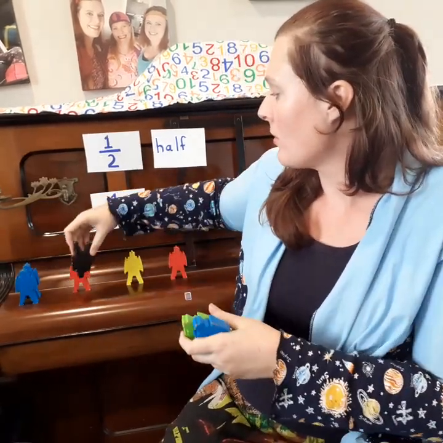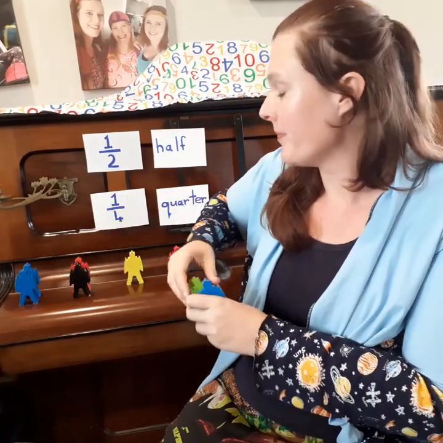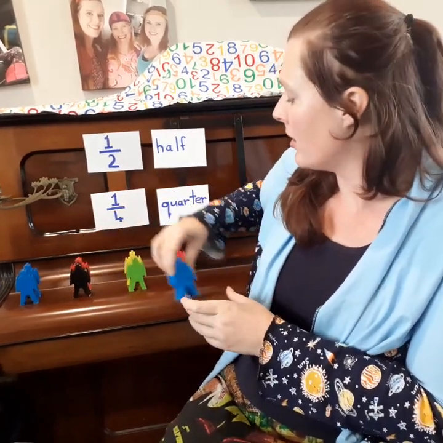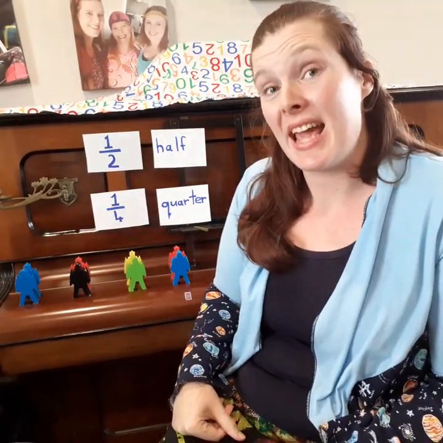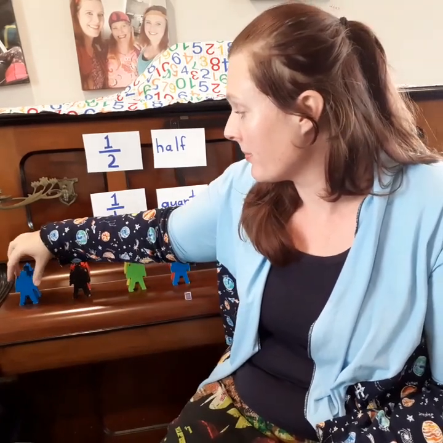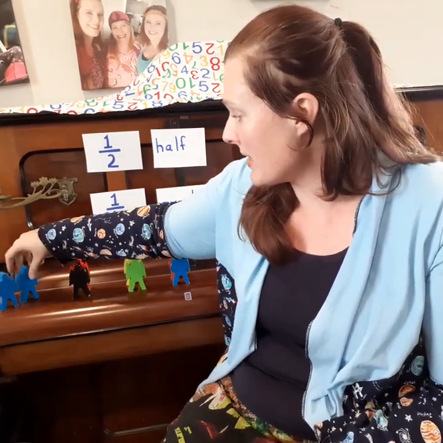1, 2, 3, 4. Now I've got no more toys left, and each group I can see has got the same amount of toys in it. Turn them slightly so you can see.